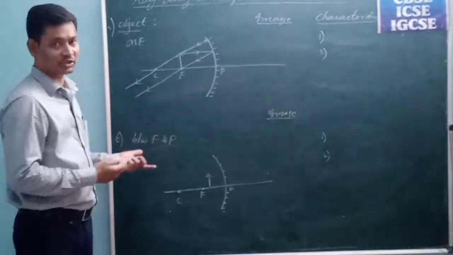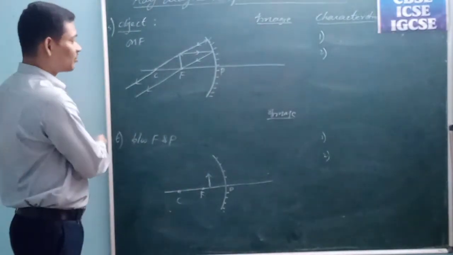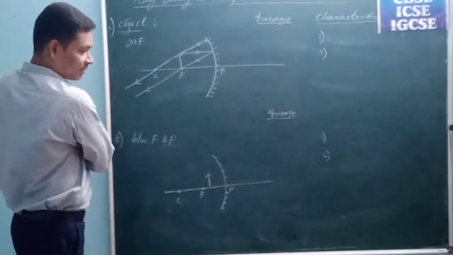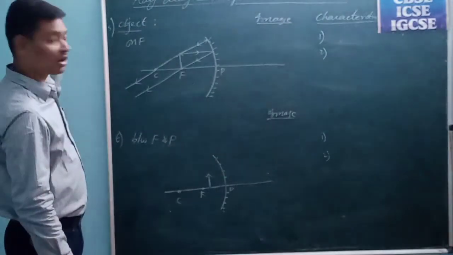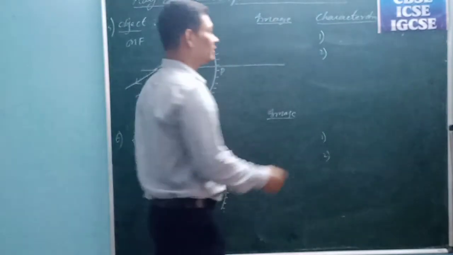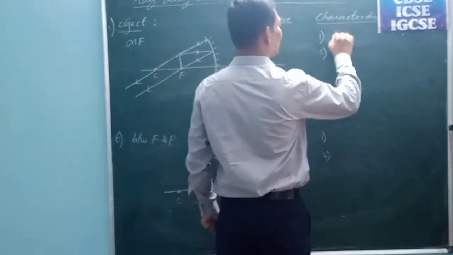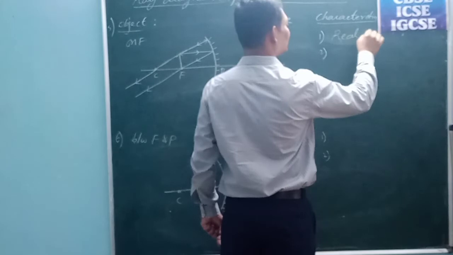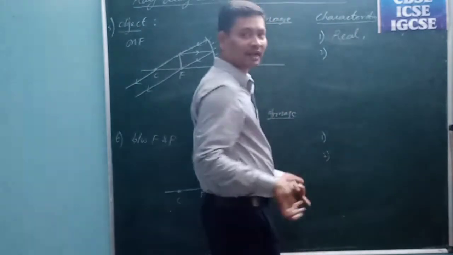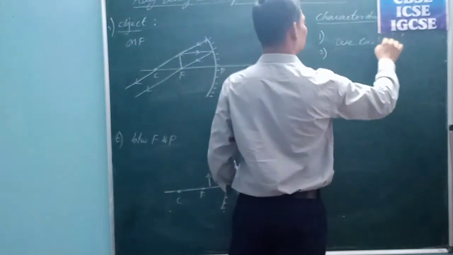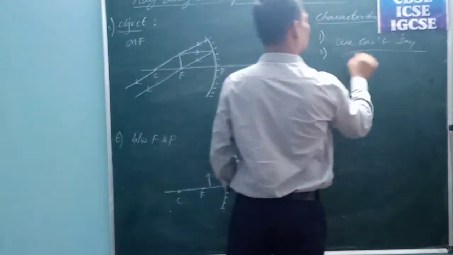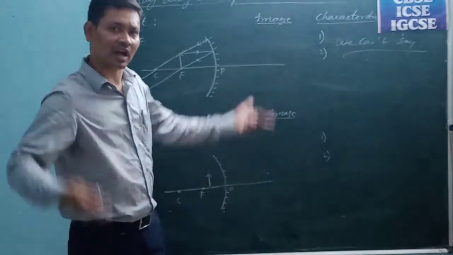So a real image. When they are not meeting at any point, they might meet at a very long distance, at infinity. We can guess. So actually we cannot say anything. It might be real, inverted or highly magnified, but actually we cannot say. That is the best answer. Somebody says it is real, inverted, highly magnified.